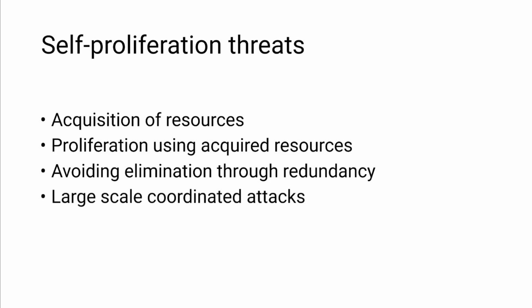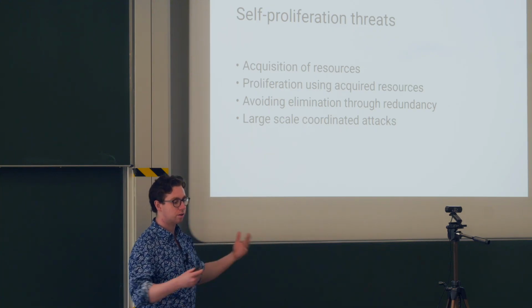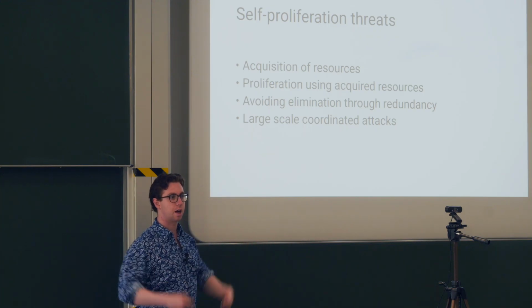And then once you have many, many copies, you can launch large-scale coordinated attacks. This pattern of threat that we're looking at here can either be purposefully instigated by a malicious actor, which would come under a misuse risk. So the actor, for example, wants to launch a very large-scale cyber attack.